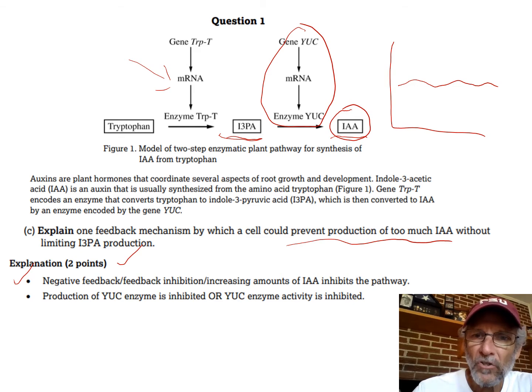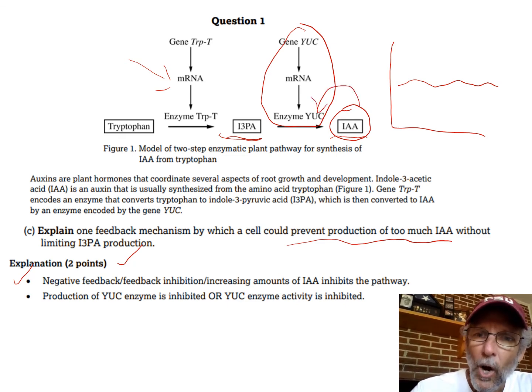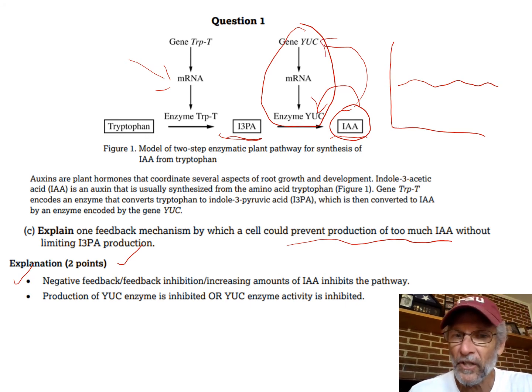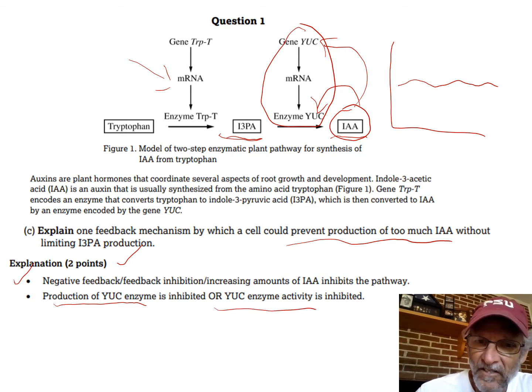Well, most likely this stuff is going to inhibit this enzyme, usually allosterically, or maybe it'll even back up and inhibit the transcription of this gene. Could be either way. So the production of the enzyme would be inhibiting the gene to make the RNA to make the enzyme, or the enzyme could already be made, but its activity is inhibited. Different question.